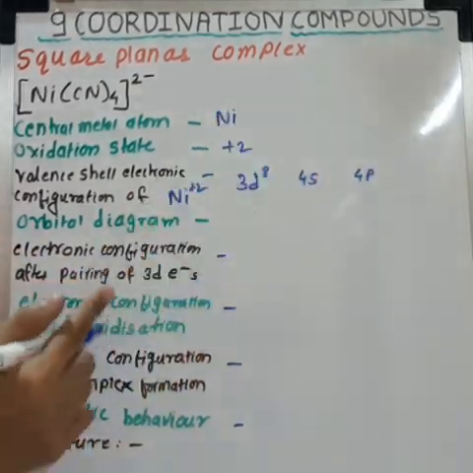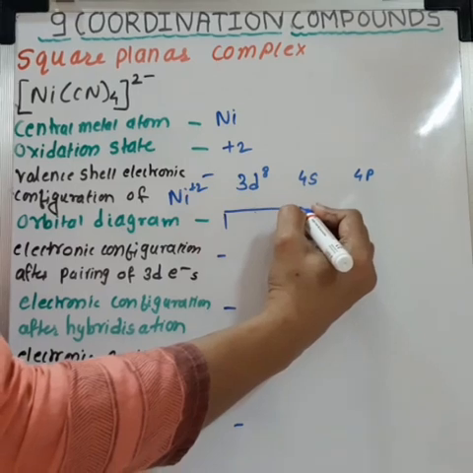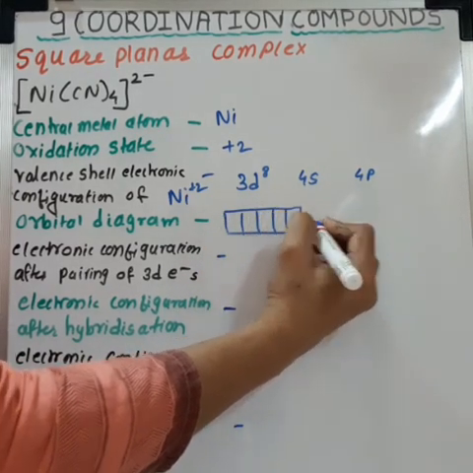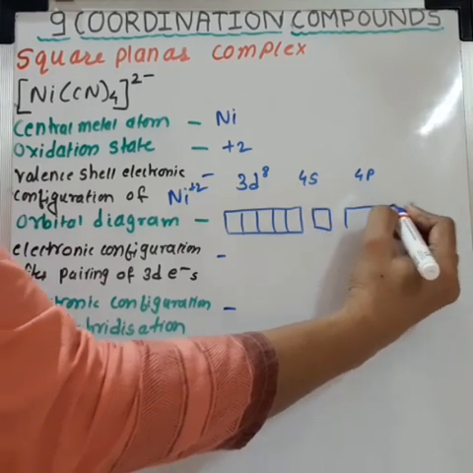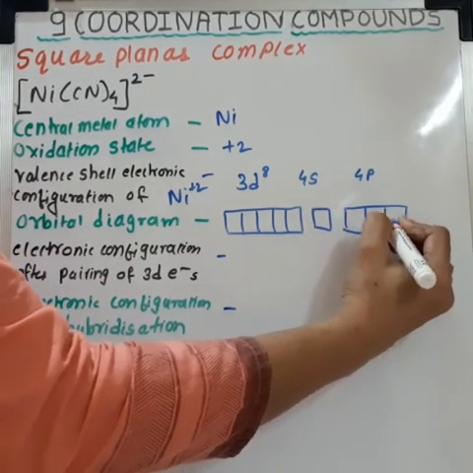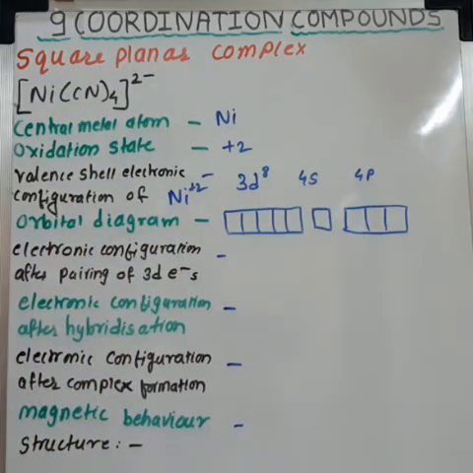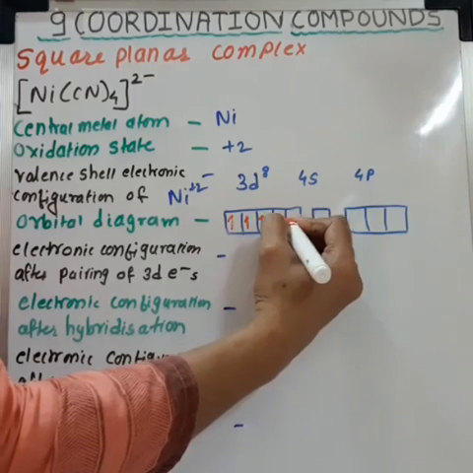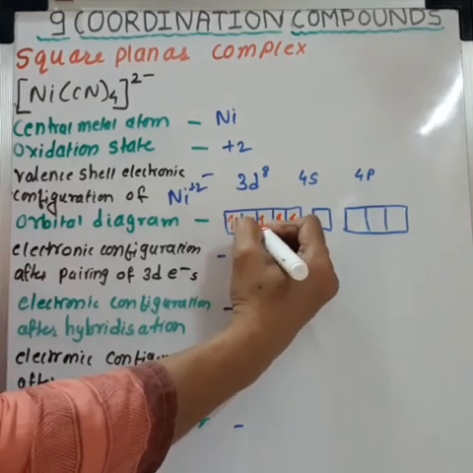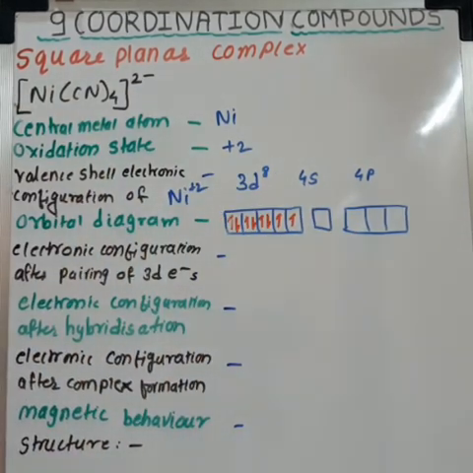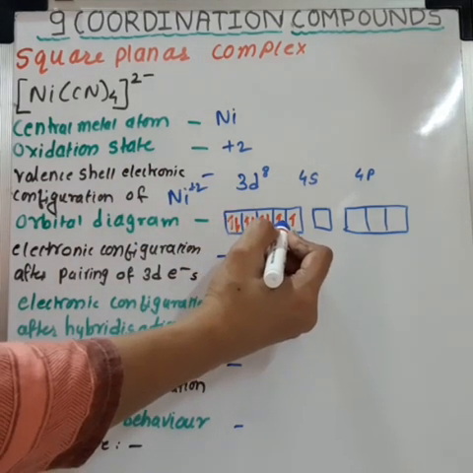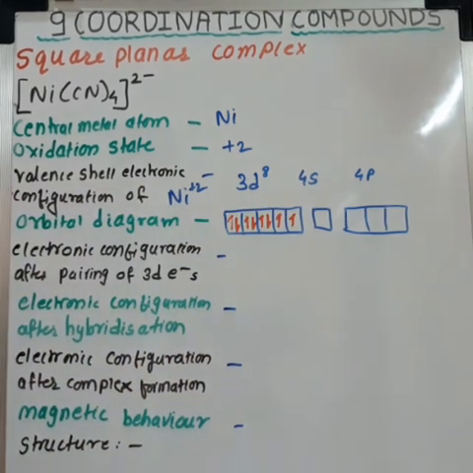So the orbital diagram for this is: there are 8 electrons in the 3d orbitals, in which 3 orbitals are paired and in 2 orbitals there is 1 unpaired electron each.